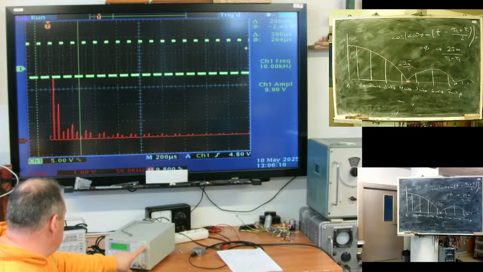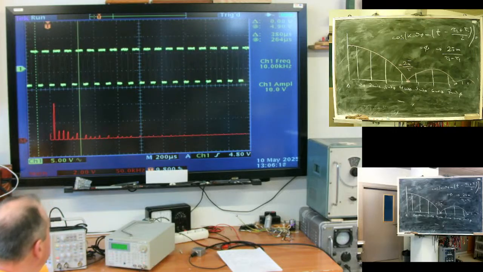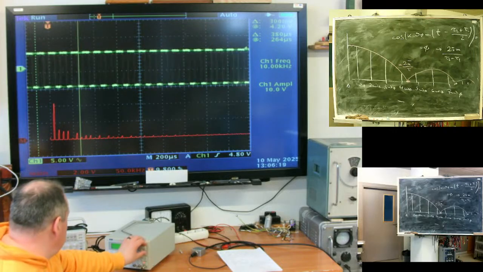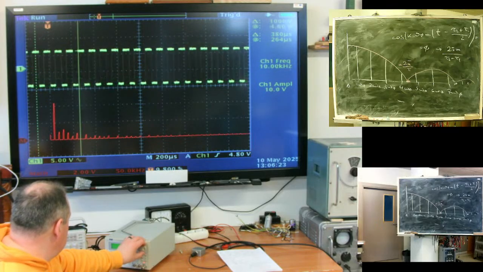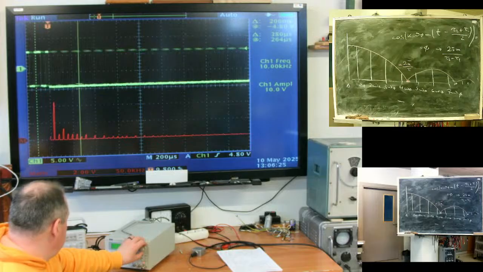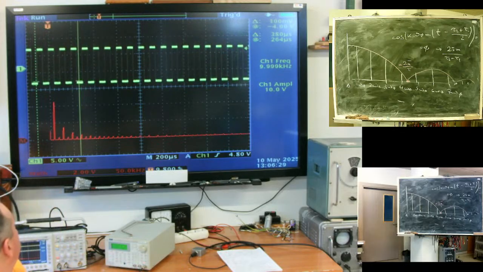For example, 58% duty factor, maybe we can go back. 7, 56, 53. Oh, here, 50%.